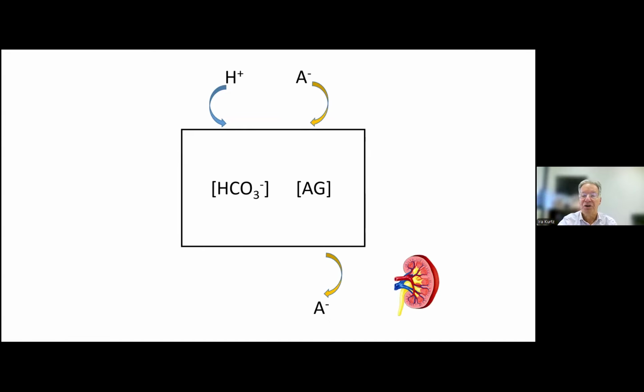So the more euvolemic you are and the more normal your GFR, the easier it is for you to be able to excrete the anions in the urine, and they just won't go up as much in the blood. And if you're excreting what came in from time zero, they'll never go up. And what happens is chloride goes up for electroneutrality reasons. So you end up with a normal anion gap.